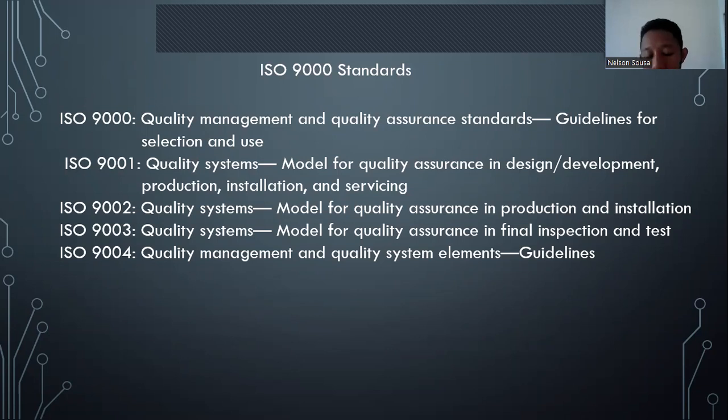ISO 9002 is the model for quality assurance in production and installation. ISO 9003 is the model for quality assurance in final inspection and test. And the last is ISO 9004, quality management and quality system elements guidelines.